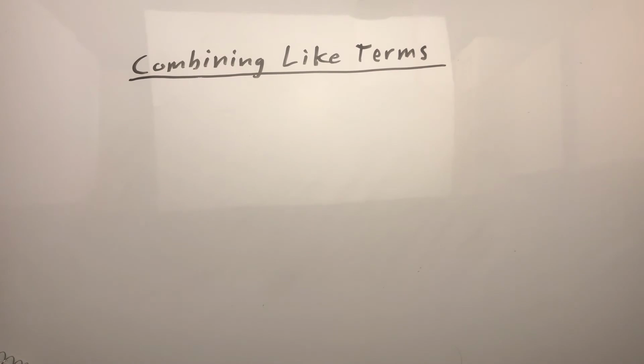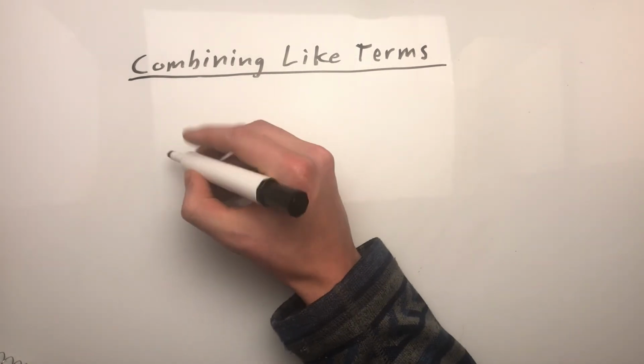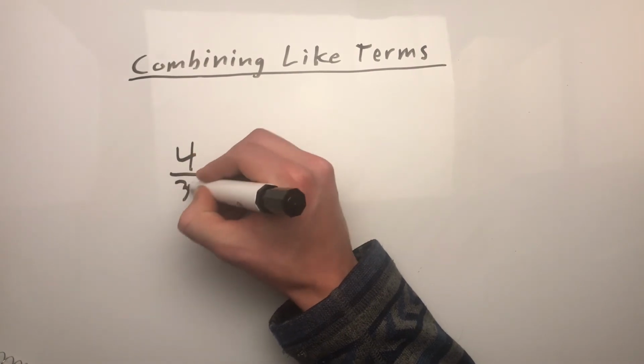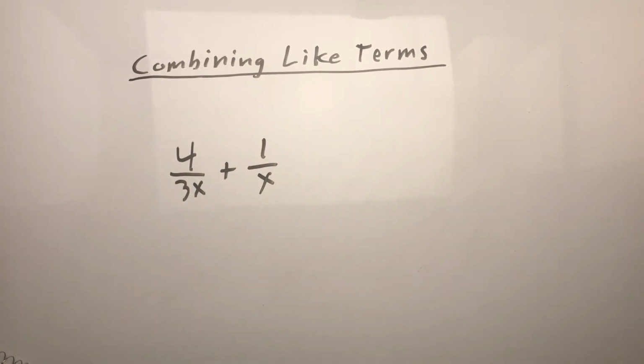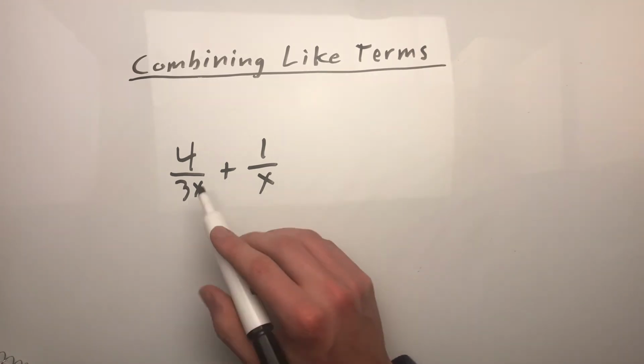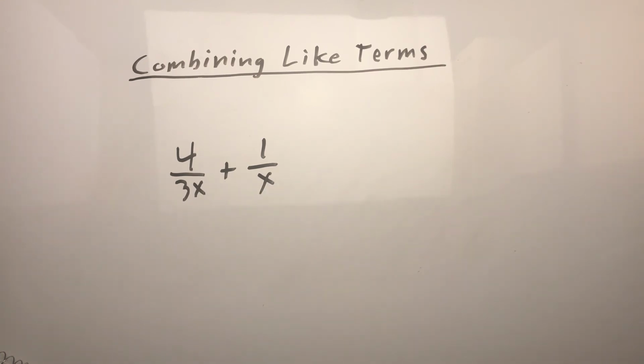Now let's try a more complicated seeming problem. 4 over 3x plus 1 over x. Is there a way of combining these two terms in a way that will simplify this expression? Well, as you can see, what we have are two fractions being added to each other.